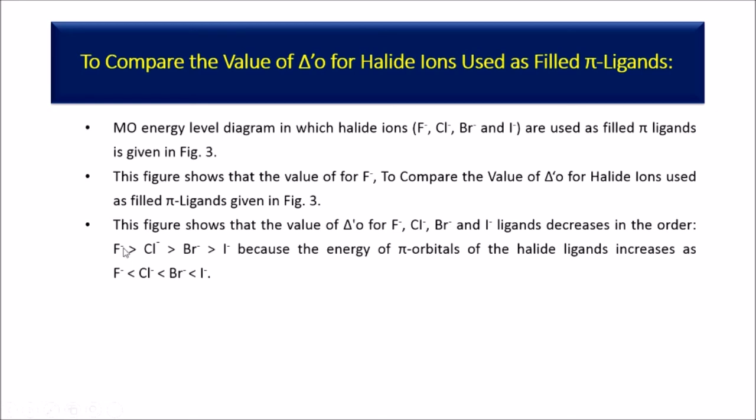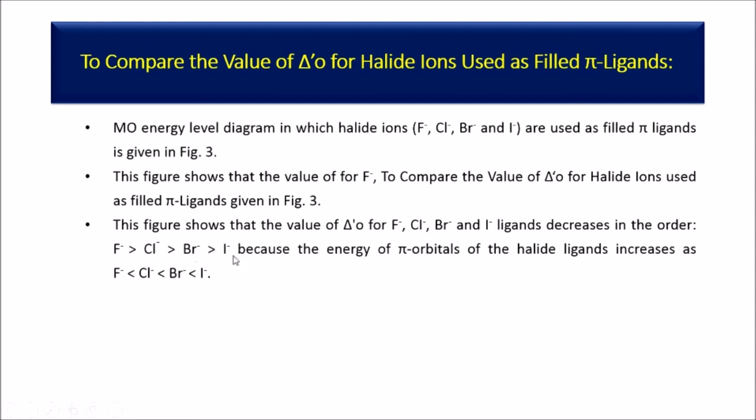Fluoride has the highest delta dash O value, then chloride has a little less delta O. That is, the splitting of the d orbital is done by fluoride more effectively, by chloride less effectively, and by bromide even less effectively.